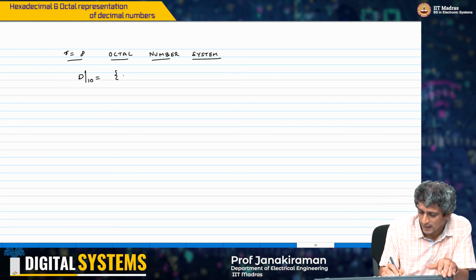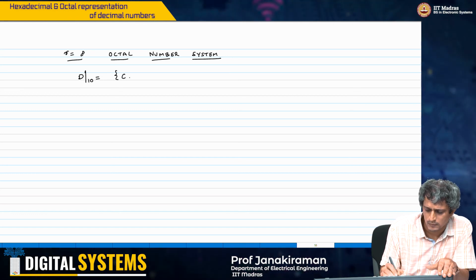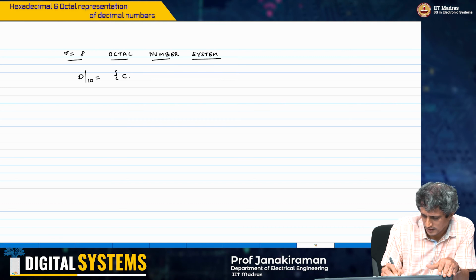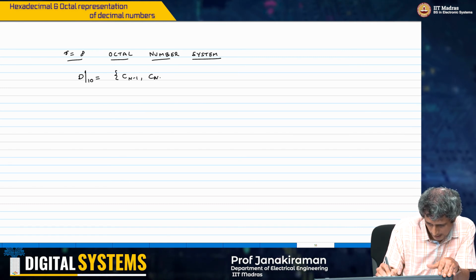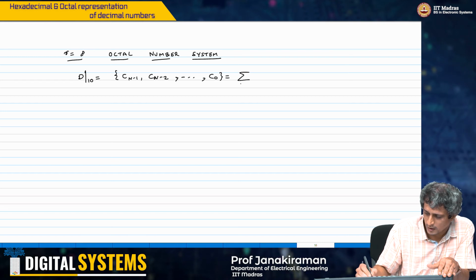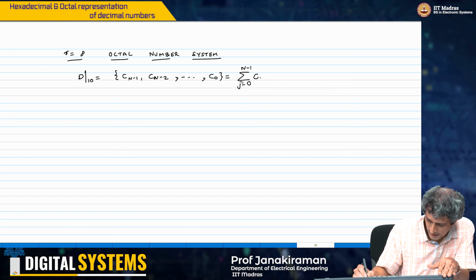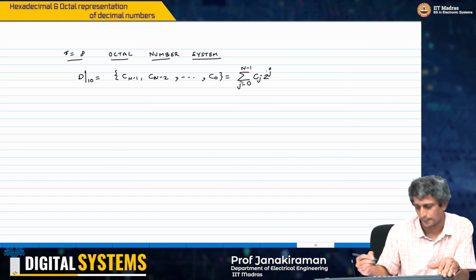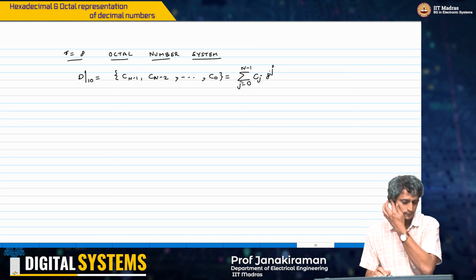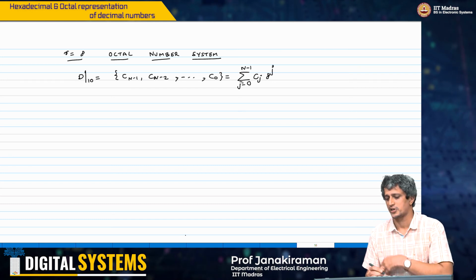I am going to write this as some octal number, Cn-1, Cn-2, all the way to C0, which is now the summation for j equals 0 to n minus 1 of Cj times 8 to the power j. Not 2 to the power j, I am sorry, it has to be 8 to the power j. So this is the octal representation.